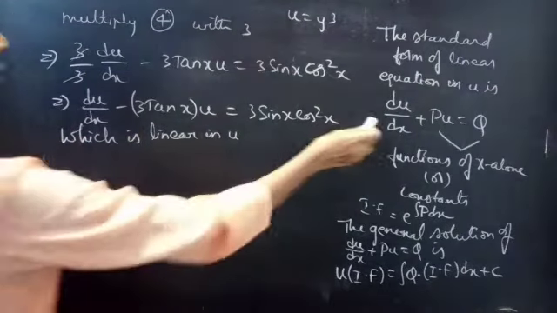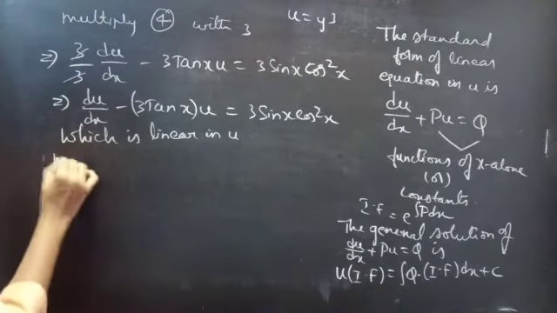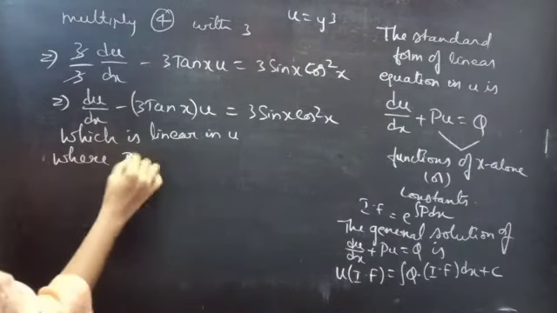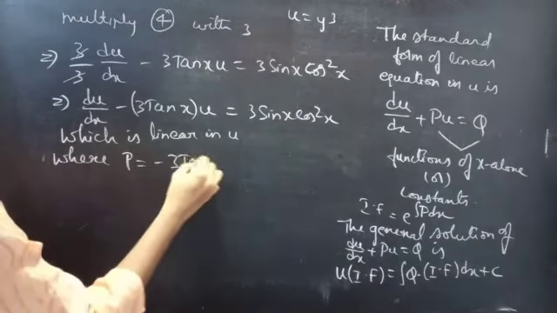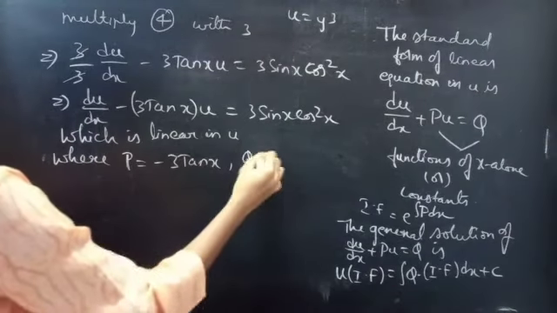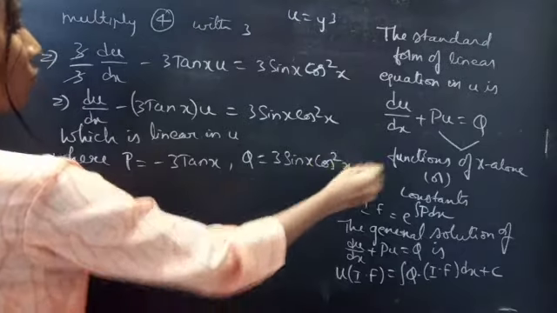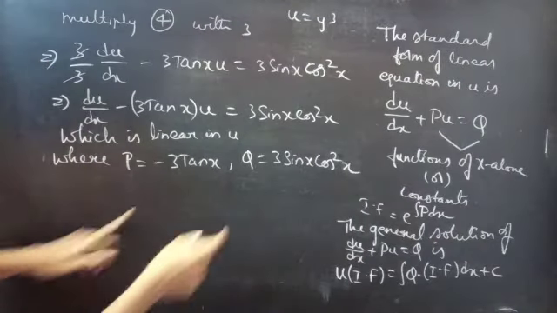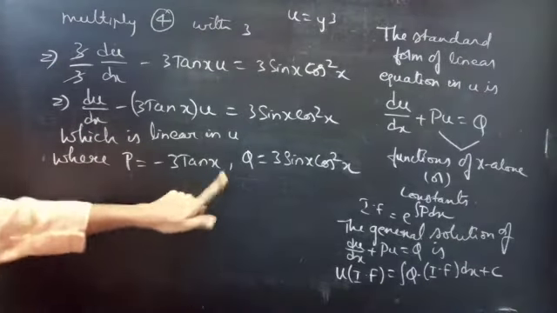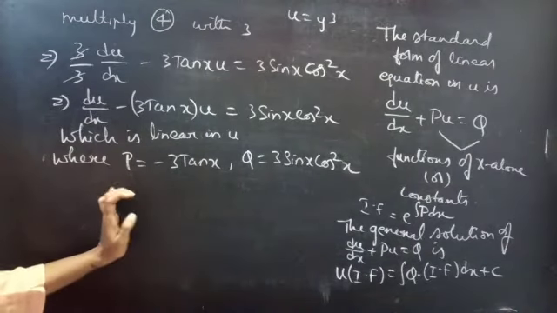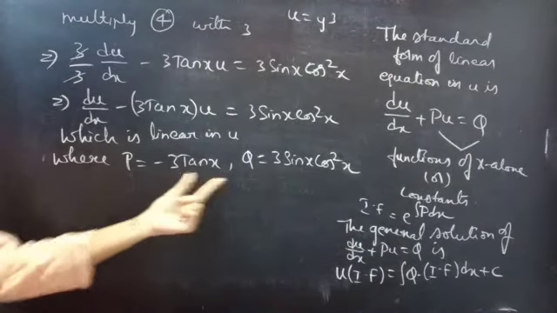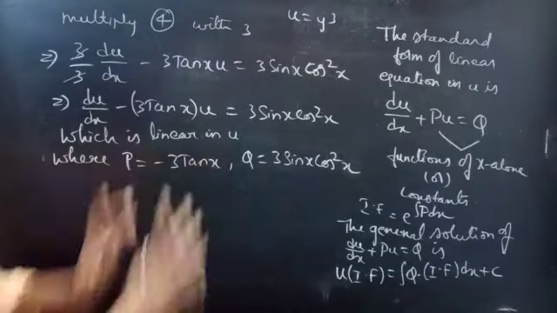By comparing, we get p equals minus 3 tan x and q equals 3 sin x into cos square x. Both p and q involve x only, so we call these functions of x alone.